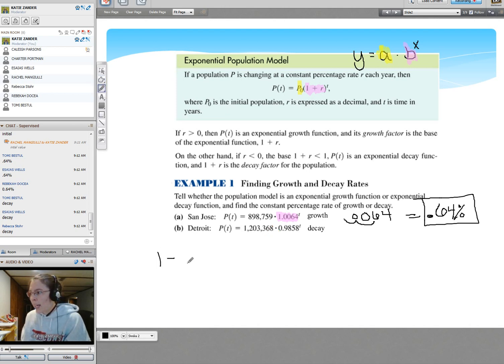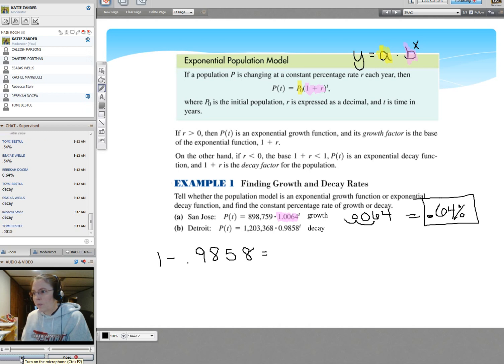So 1 minus 0.9858. And what does that give us? It's 0.0142. It doesn't matter if you round here.